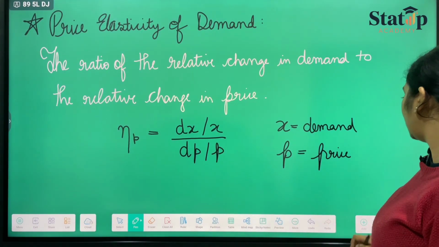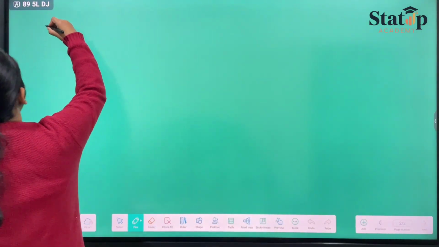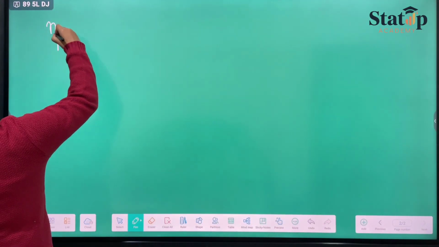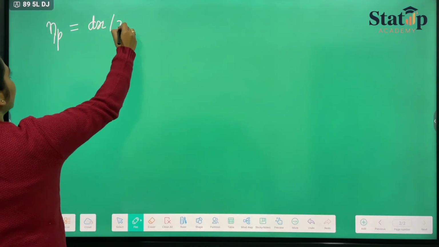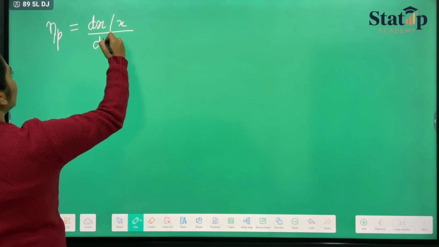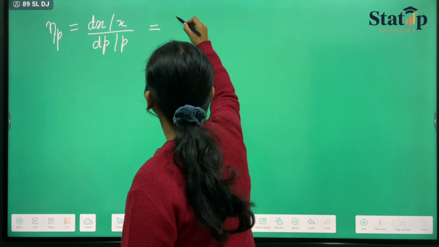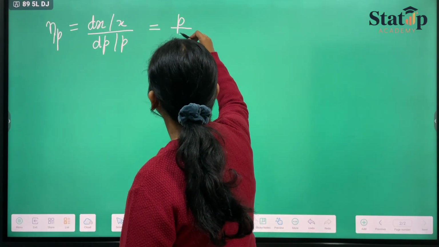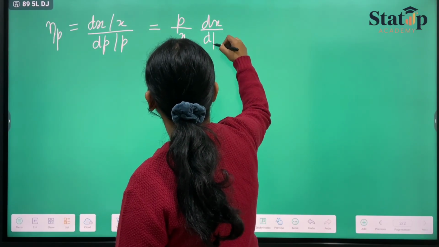Now we can also reduce this equation. This is eta p equals dx upon x upon dp upon p. This can be written as p upon x into dx upon dp.